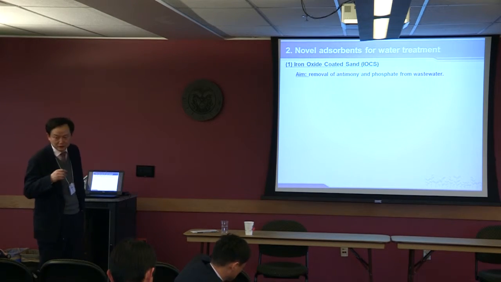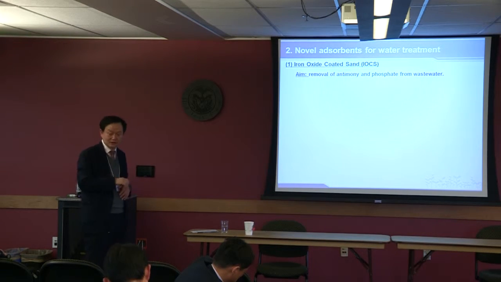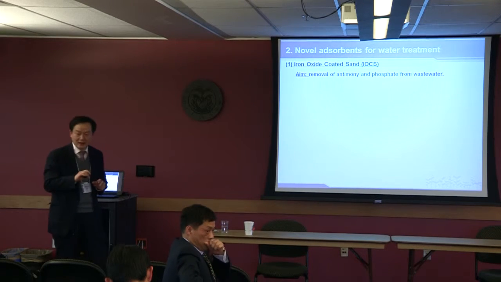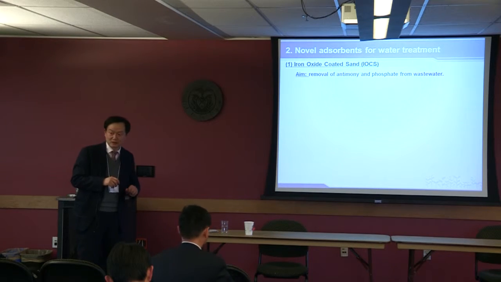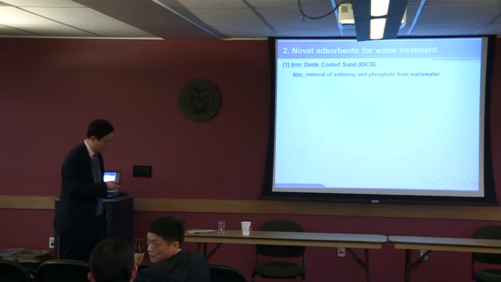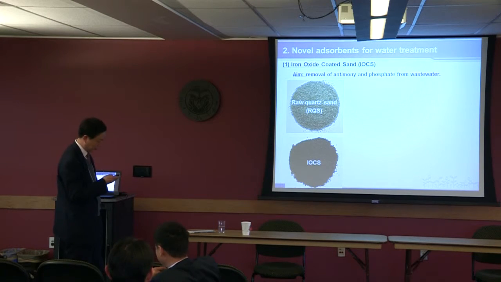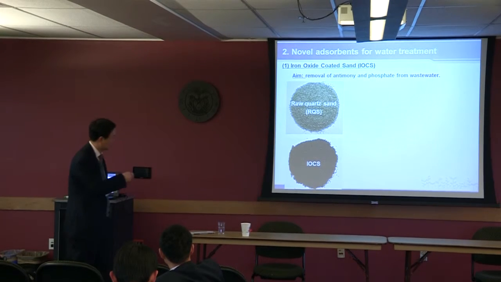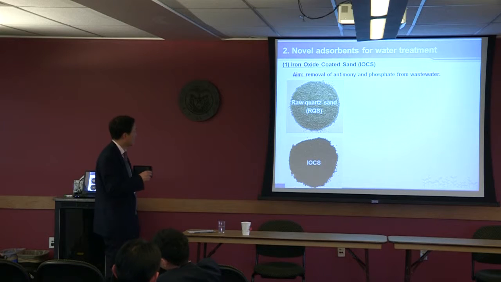Antimony is a big issue in Hunan province because there are many areas that produce non-ferrous metal products, so this causes a big problem in the surface water. Here the top one is the raw sand, and the bottom one shows the sand coated with iron oxide.